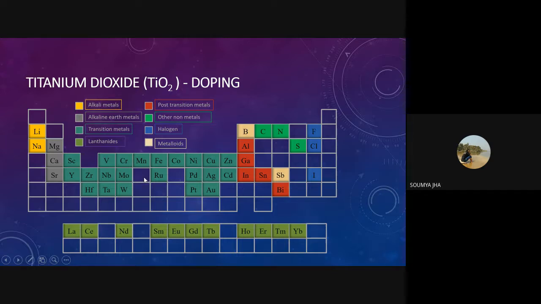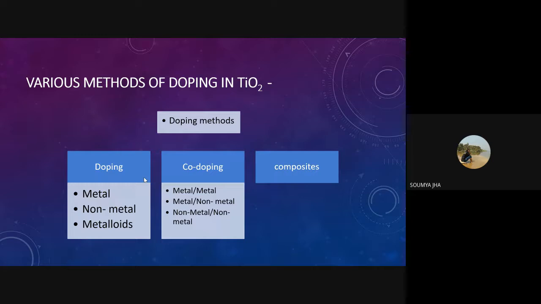transition metals. Now, there are various kinds of doping methods. One is normal doping, in which metals, non-metals, and some metalloids can be doped. And in the co-doping method, generally more than one kind of metal is doped. It is generally preferred over single doping because it shows very unique properties in the open circuit voltage as well as in the short circuit current.